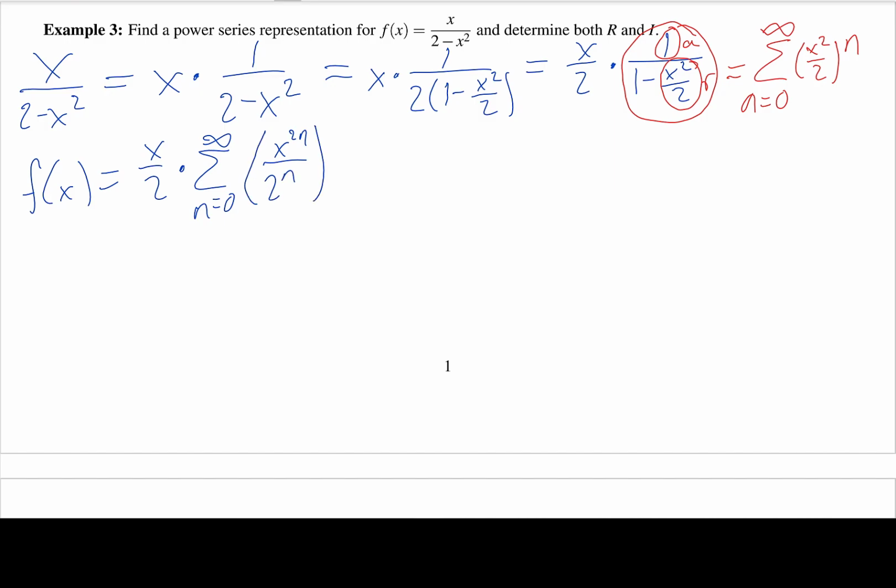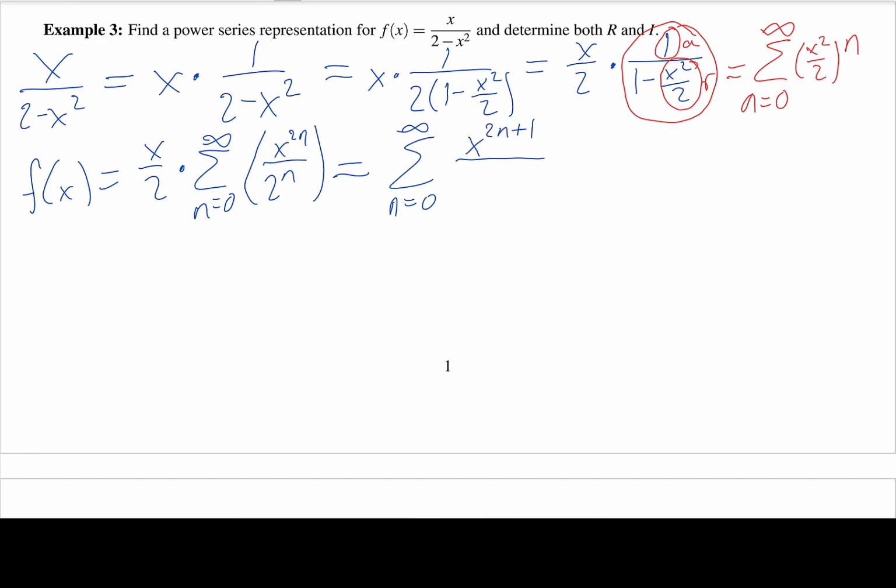Right, all I've done there is just distribute that power of n to the top and bottom of the fraction. So then this becomes the sum from n equals 0 to infinity. Well, let's see, if I'm multiplying this with an x on top, then this becomes x to the 2n plus 1.